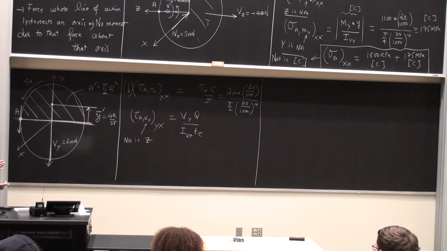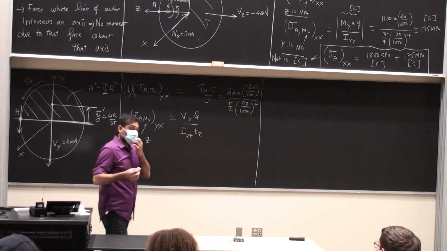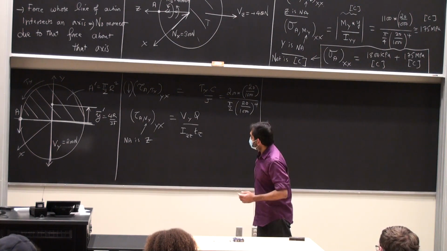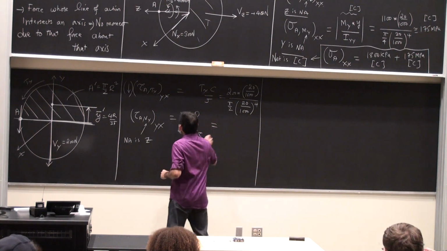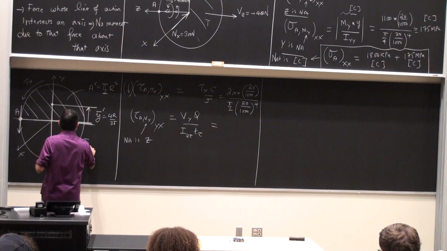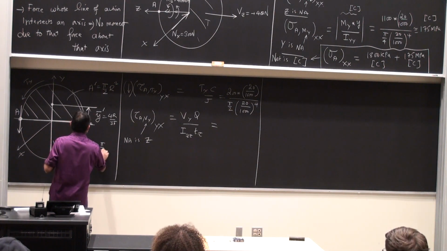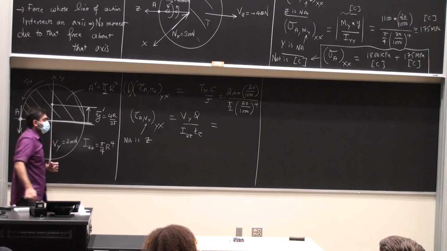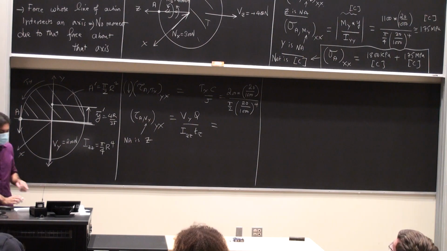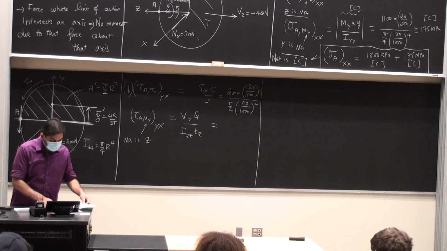We know the value of r. Please do the substitutions. Izz is pi by 4, r to the power 4. I'll write that out here, and these are the values.